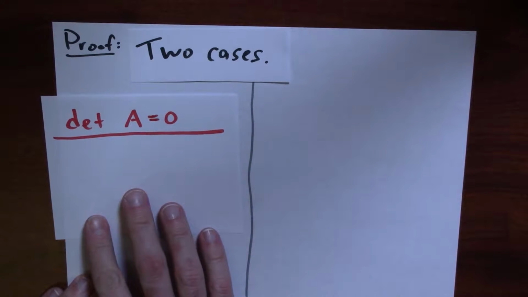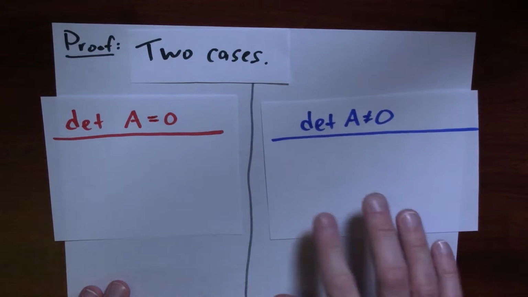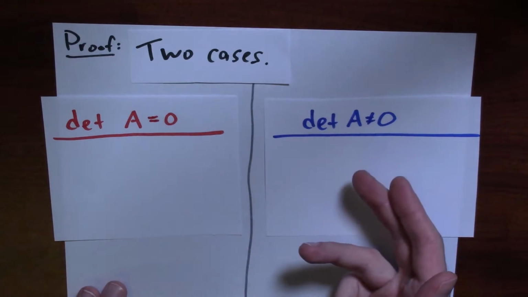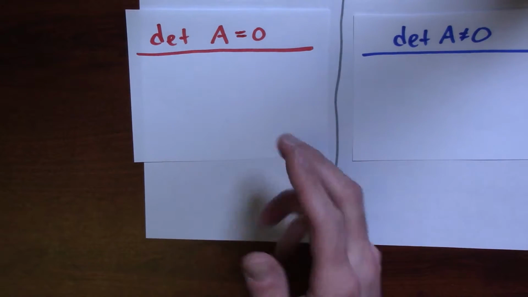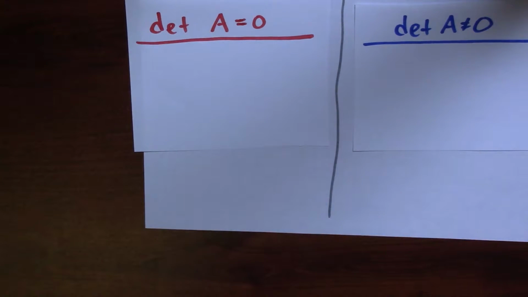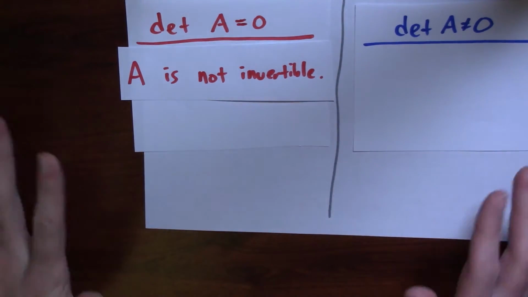One case is where the determinant of A vanishes, the determinant of A is 0, and the other case is where the determinant of A is non-zero. If the determinant of A vanishes, we're done. Why is that? In that case, this matrix A is not invertible.